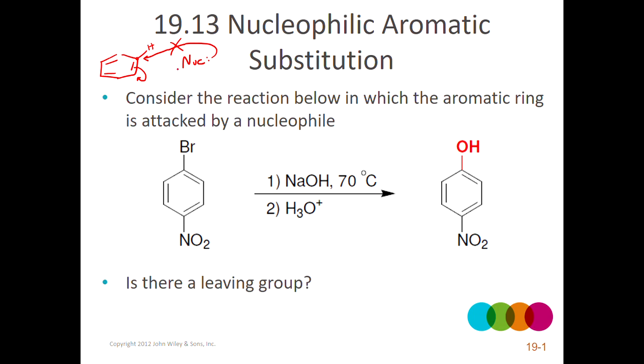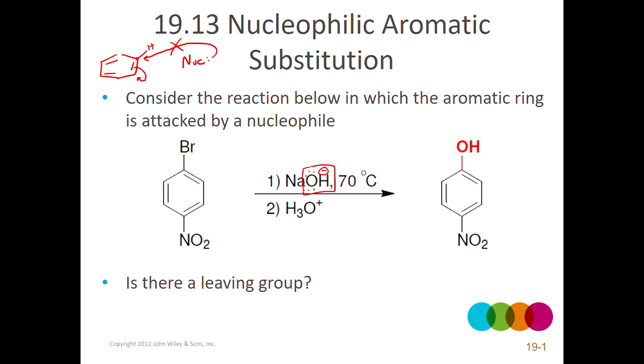So, one nucleophile that you could think about using would be an OH minus. An OH minus is a pretty strong nucleophile. It's nice and small, doesn't have too much sterics, it's got a full negative, so it's really ready to start sharing a pair of electrons.